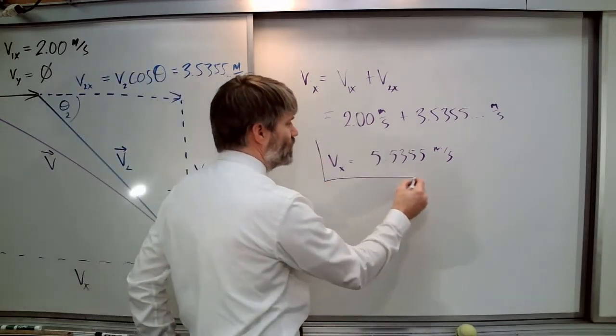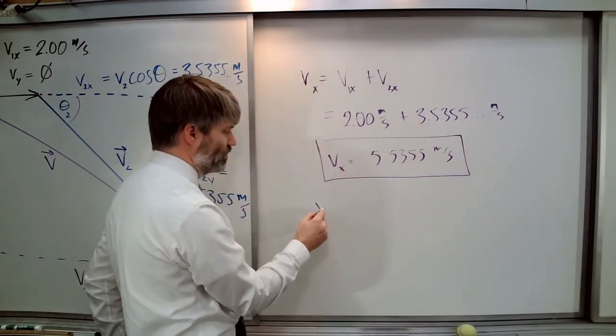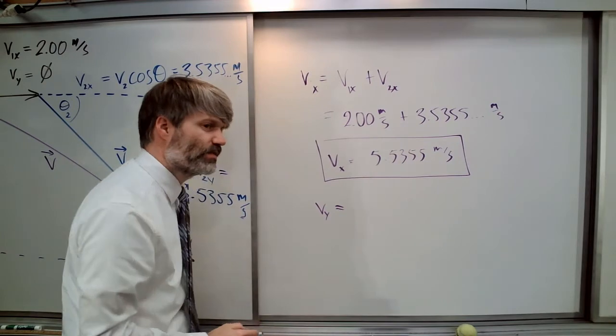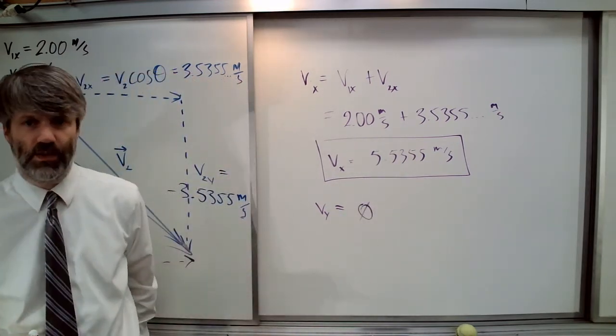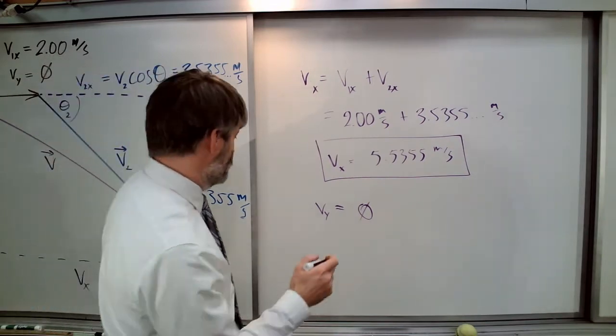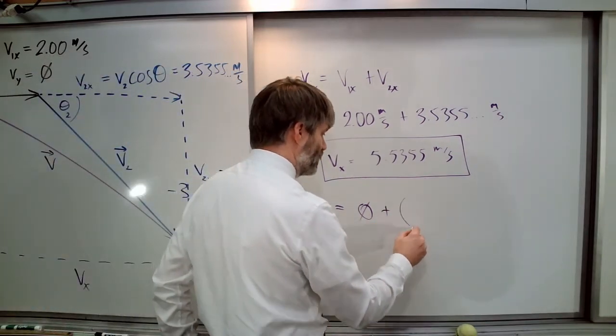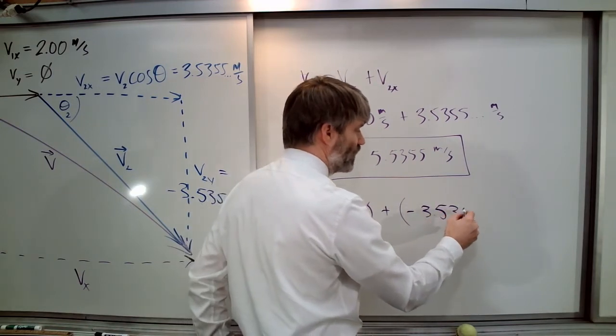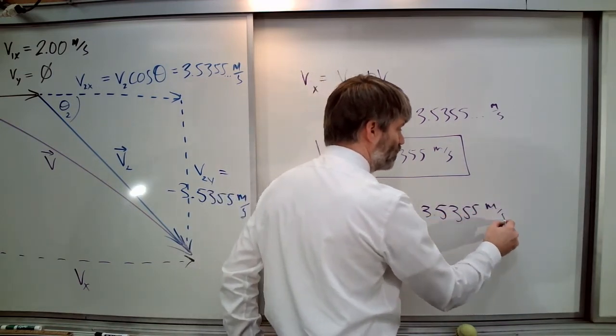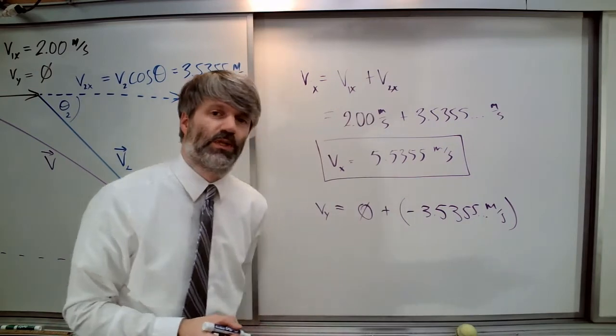Vy is a little more than that. Well, sorry, no it's not, because V1's y component is 0. So we're adding negative 3.5355, etc. meters per second there.